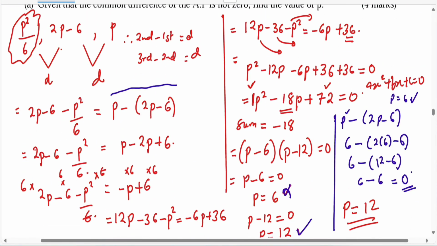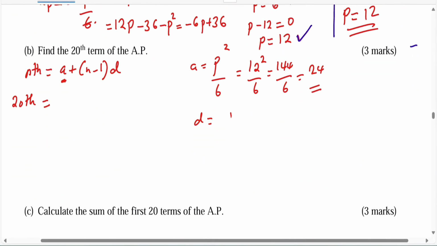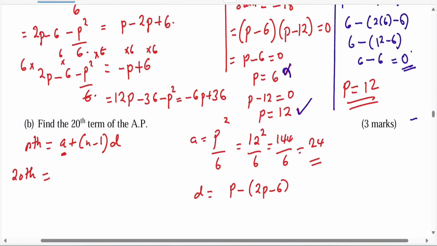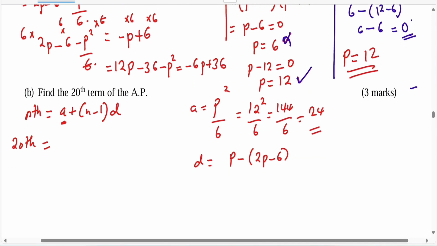So let's take this, the third minus the second. To find the difference we will take the third minus the second, which is p minus into bracket 2p minus 6. I think I'm correct. Yes, I'm correct. So our p, which is basically just p minus 2p plus 6, which is minus p plus 6.